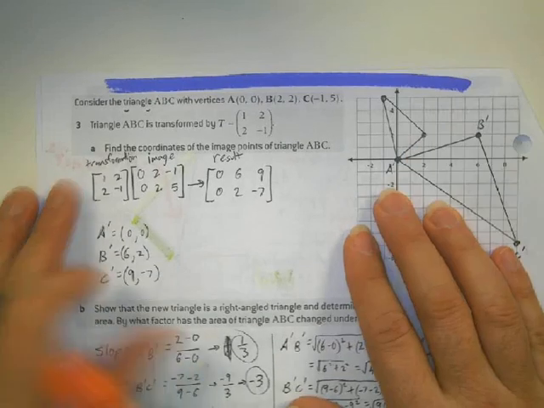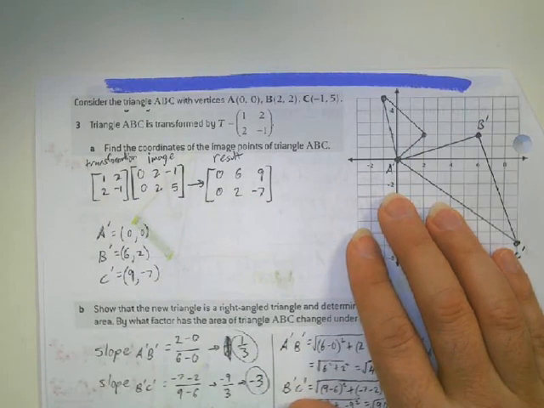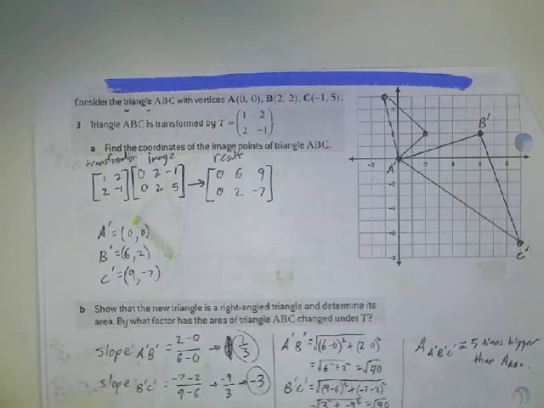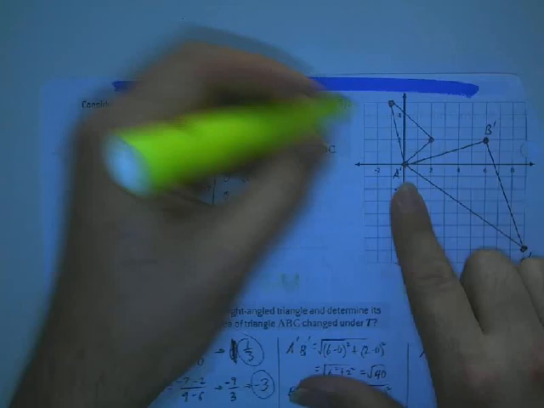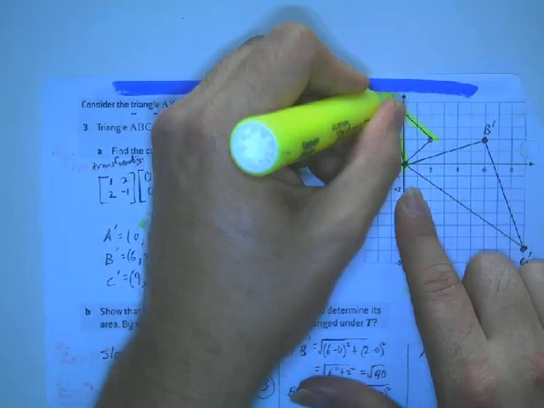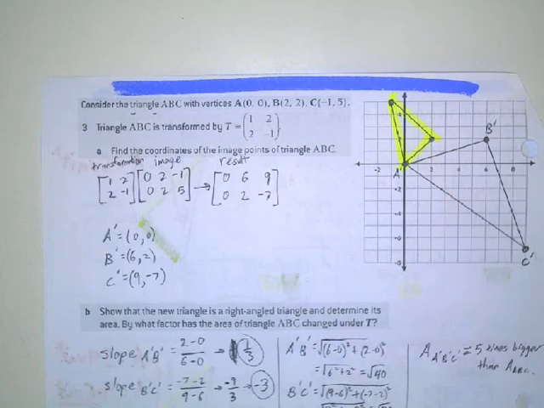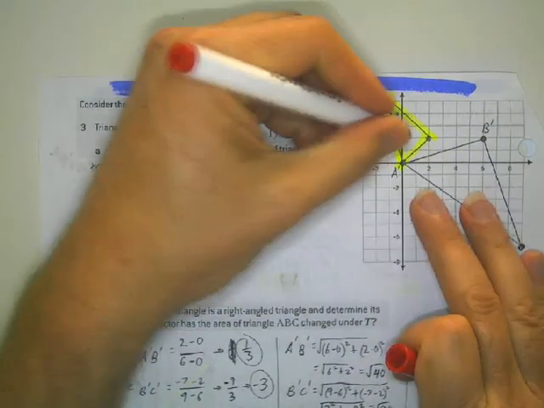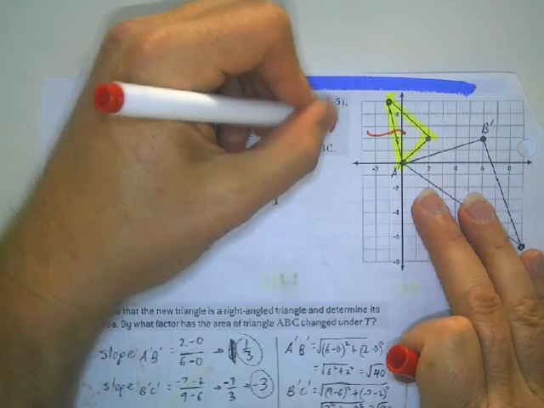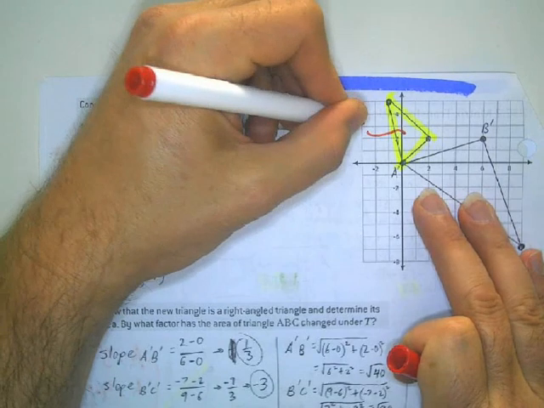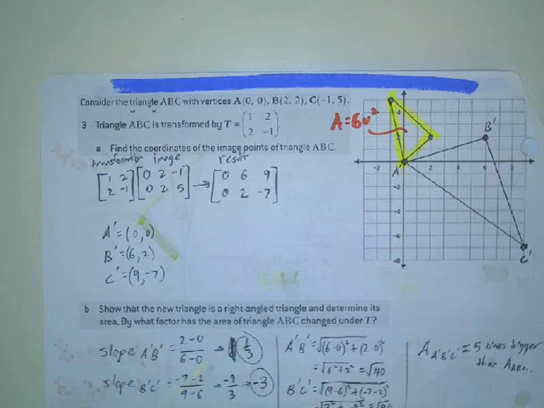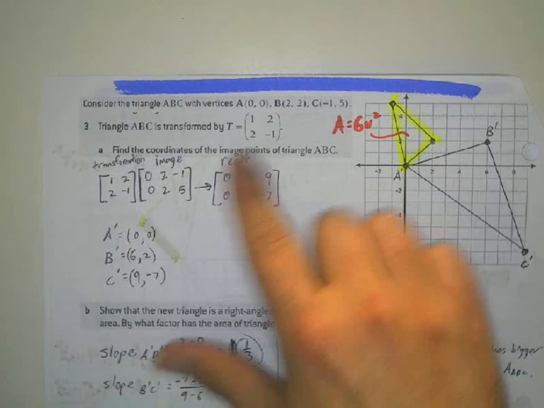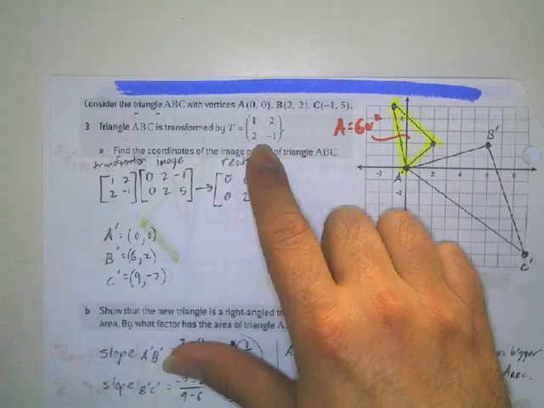Okay, so we've got our first triangle here, 0, 0, 2, 2, negative 1, 5. Okay, this is the same triangle from the previous page. And we already know this area is 6 units squared, right? Okay. And we're going to undergo this transformation. So here's my transformation matrix.